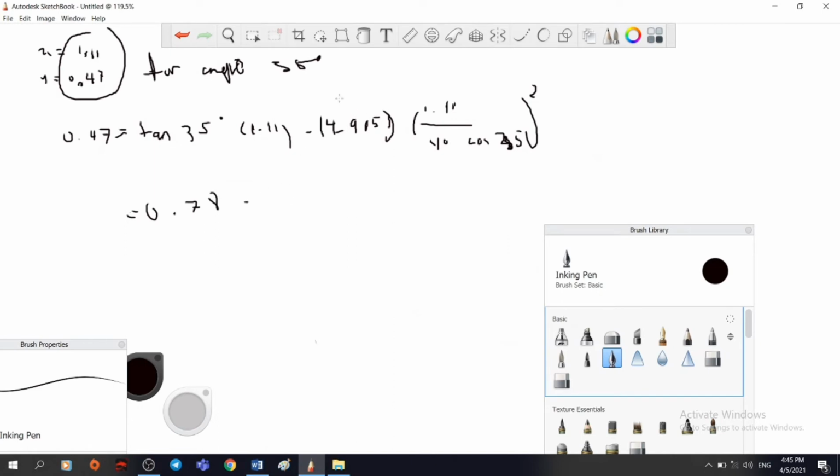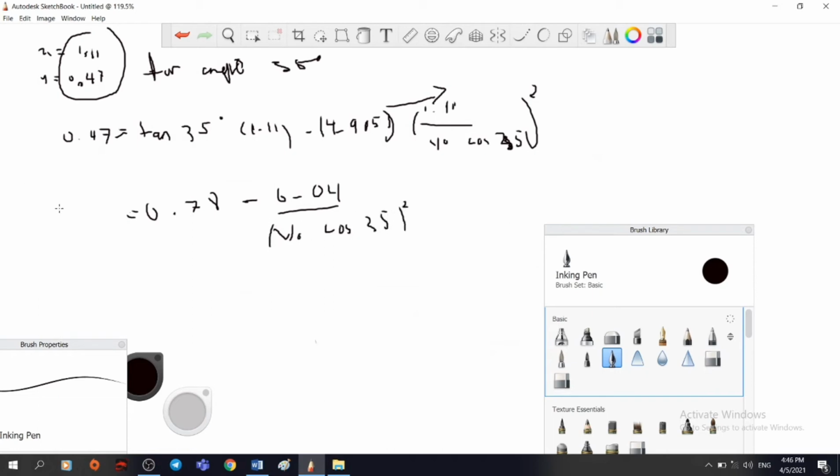Minus, we settle all of this by direct multiplication: negative 4.905 multiplied by 1.11 squared is negative 6.04, over V cos 35 squared.